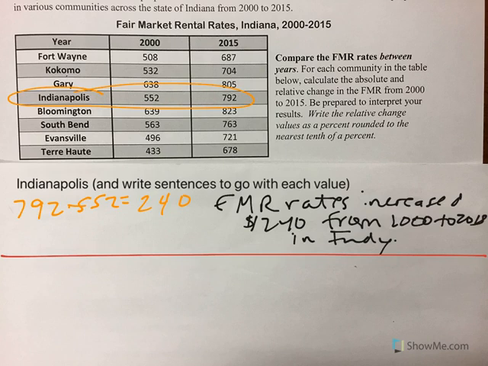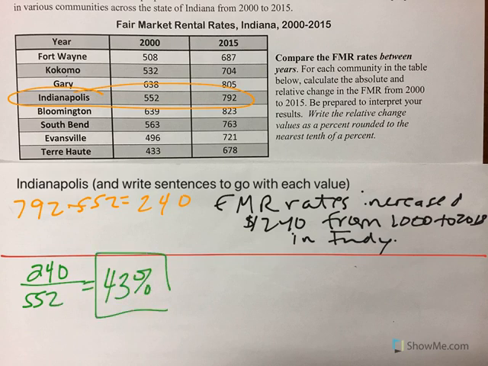And then we go relative change, which is new minus old, 240, divided by old, 552, which is roughly 43%. And so we could say fair market rental rates increased 43% from 2000 to 2015 in Indy.